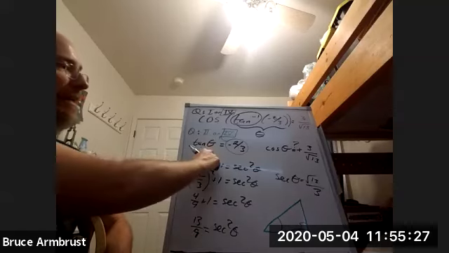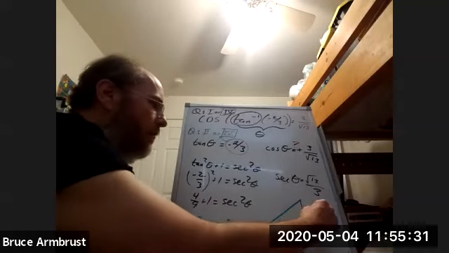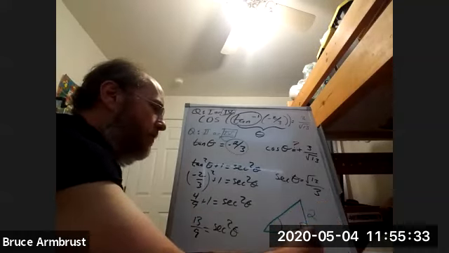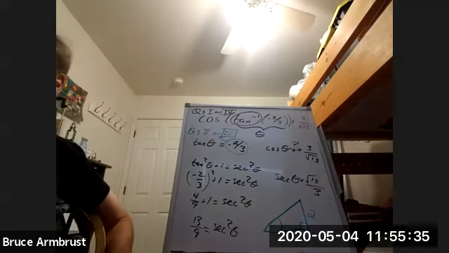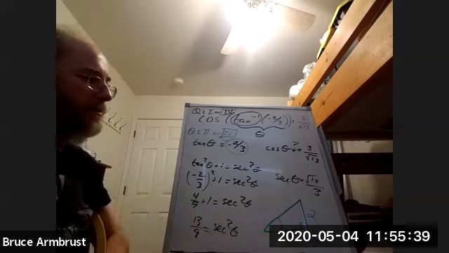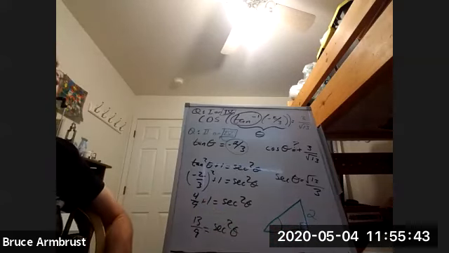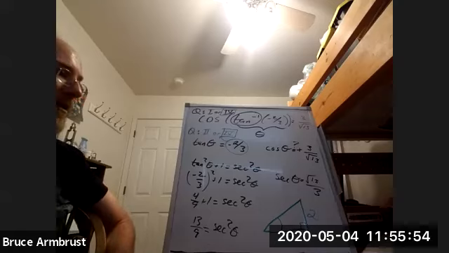I know that its tangent is 2/3, which if I use the good old SOHCAHTOA, tells me that those two sides, opposite over adjacent, are equal to 2/3. So I'll just put those in as 2 and 3.